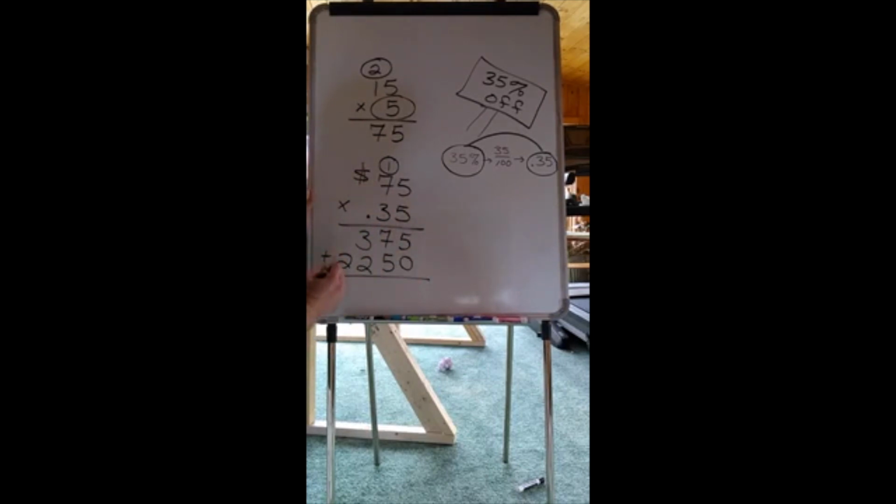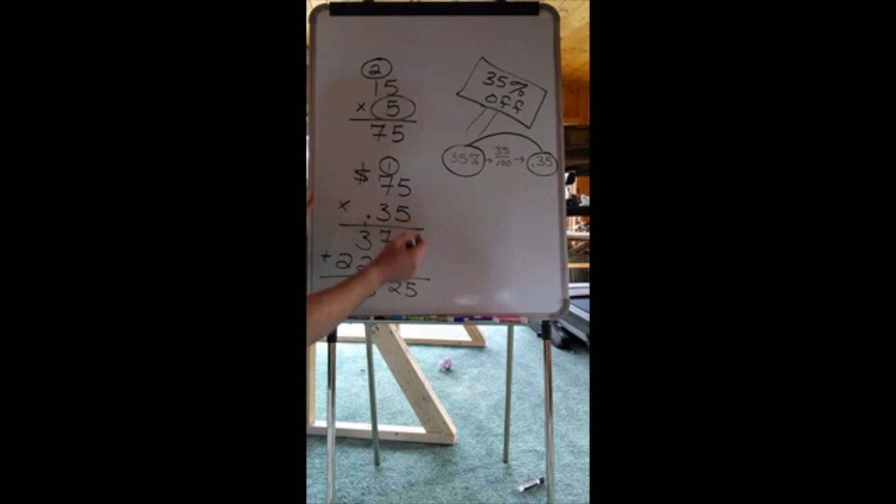I want to add these 2 rows. So 5 plus 0 is 5. 7 plus 5 is 12. Carry the 1. 1 plus 3 is 4, plus 2 more is 6, and then 2. So, now we can't forget, we're multiplying with a decimal value.